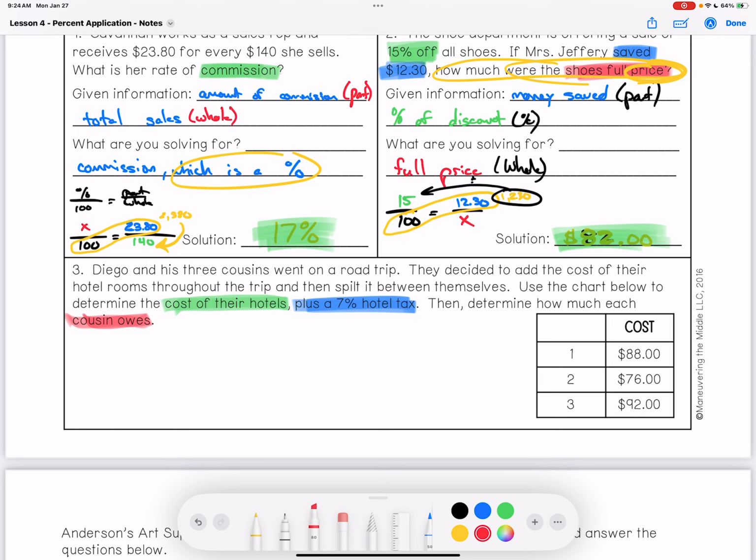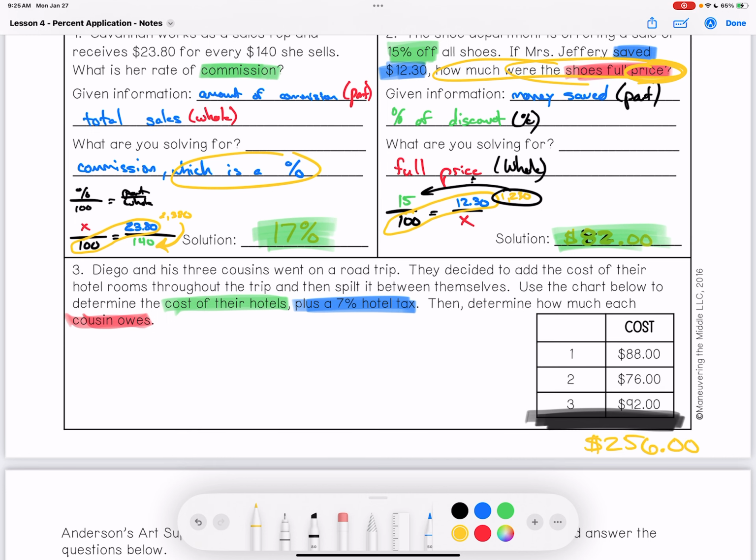All right. So we need to figure out which one is which. All right, the total cost. So when we add all of these numbers up right here, let's go ahead and add those up. 88 plus 76 plus 92. Add those up, and you're going to get $256.